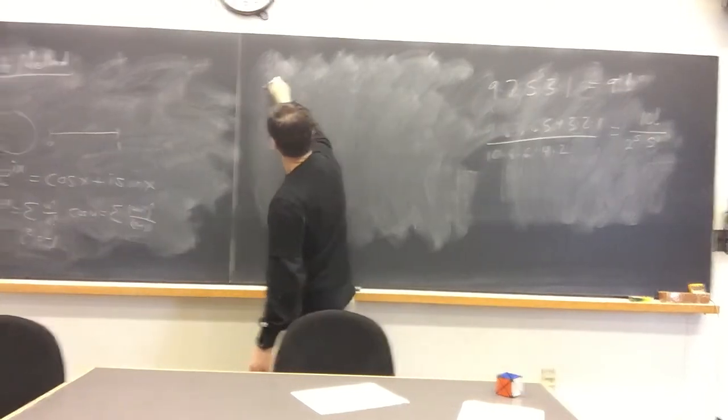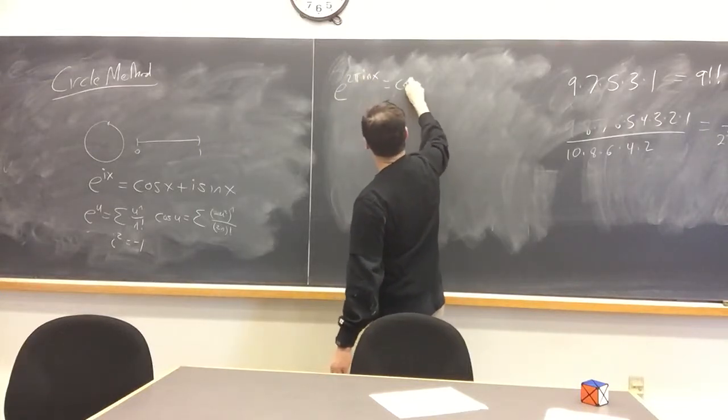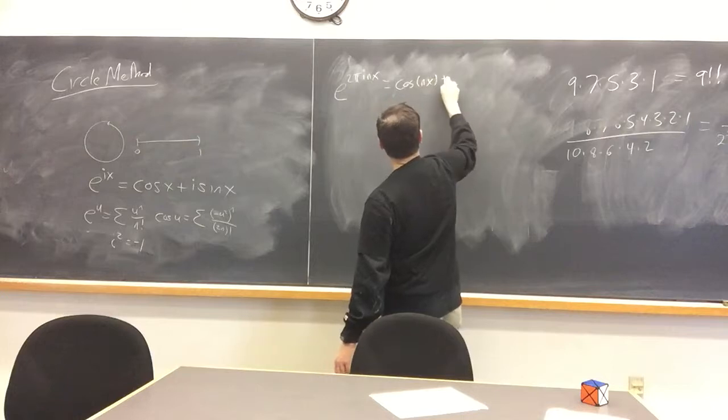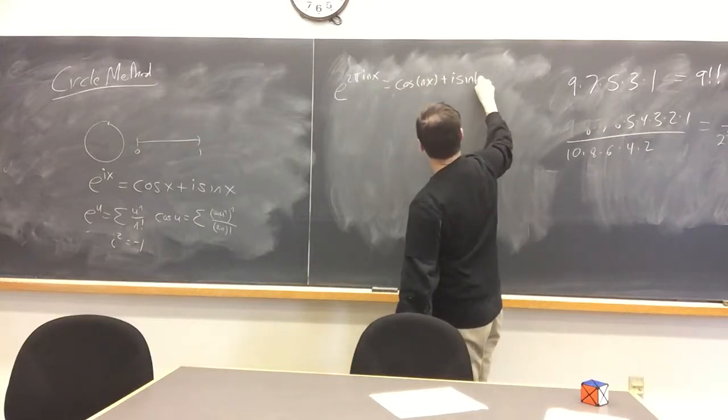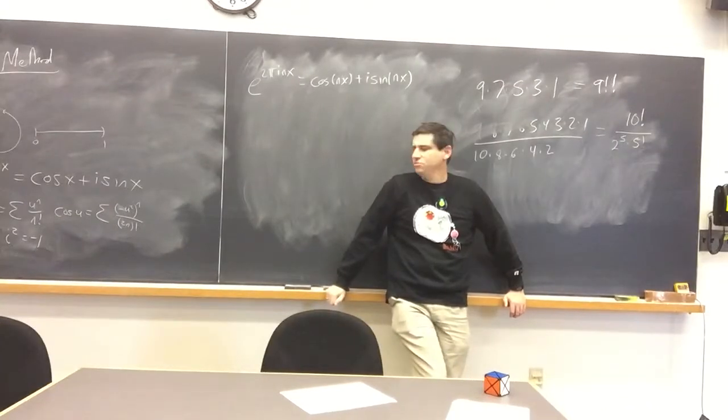So e to the 2 pi i nx is cosine nx plus i sine nx. If you don't like the exponentials, just pretend I'm writing cosines and sines on every line. Just pretend that this is a convenient formulation.